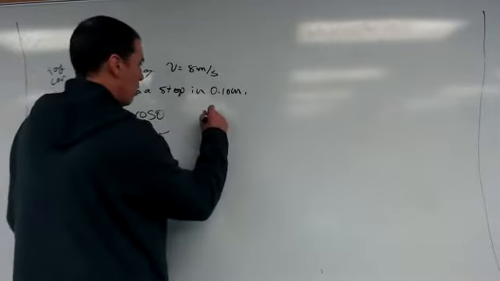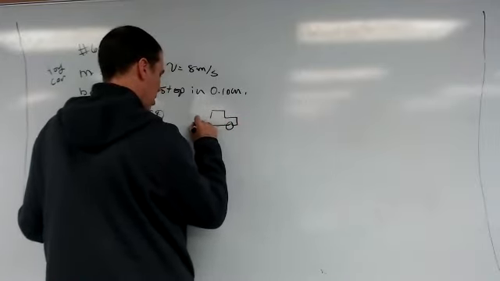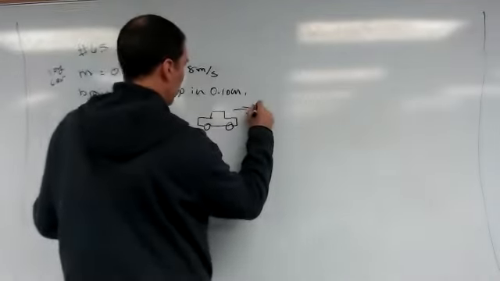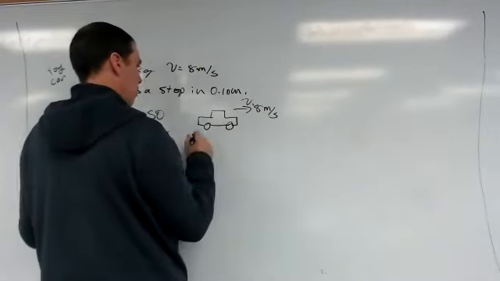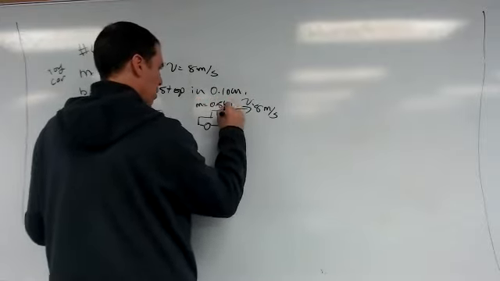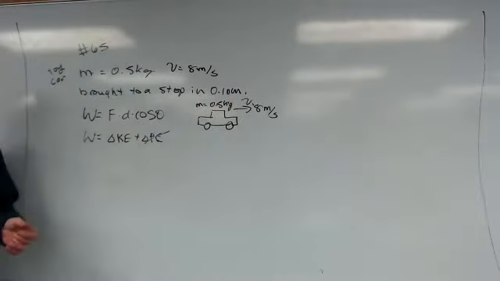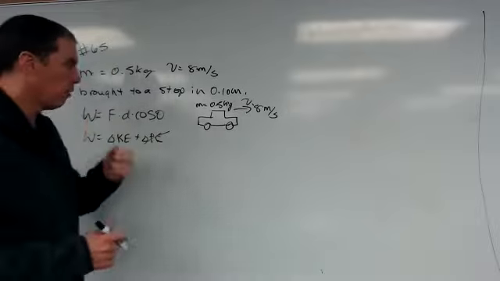So if this is my car, and its velocity is 8 meters per second, what's the direction of the force going to be? It's brought to a stop in 0.1 meters. It's got to be this way. It's going that way. If I push it that way, it keeps going. And so there's got to be a force this way.